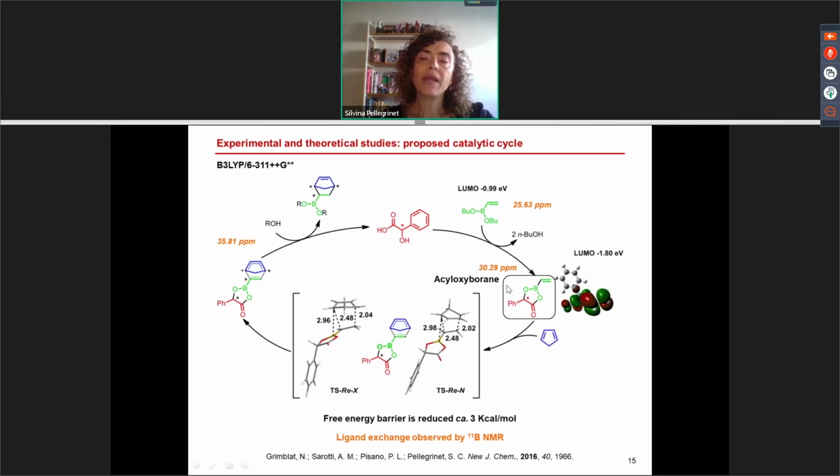This acyloxyborane has a lower energy LUMO, almost 0.8 electron volts lower than the initial boronate, which suggests that this is the reactive species. And this species has an activation energy which is 3 kcal per mole lower than the background reaction.